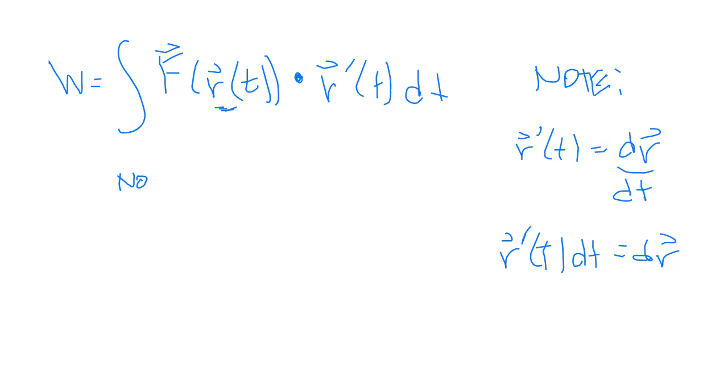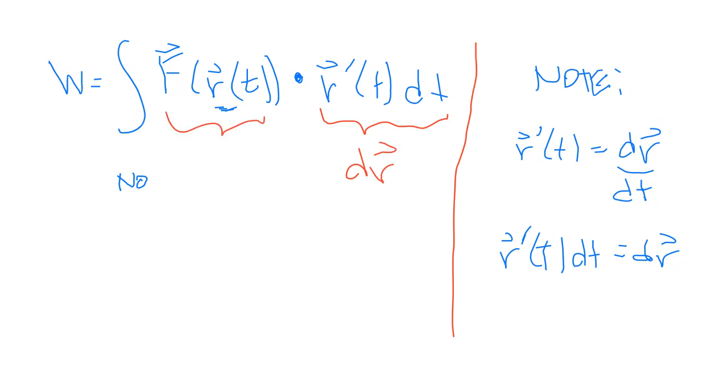So this is why r prime of t dt is just dr, and we can denote the vector field just by F. We know F is a function of the position that you're in the field.